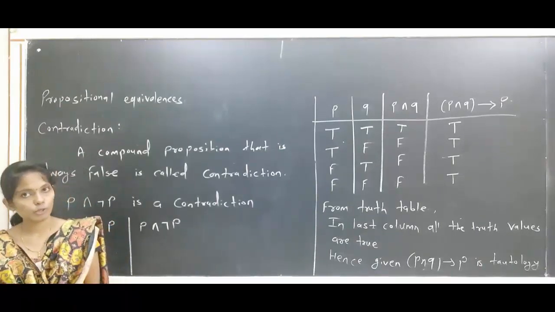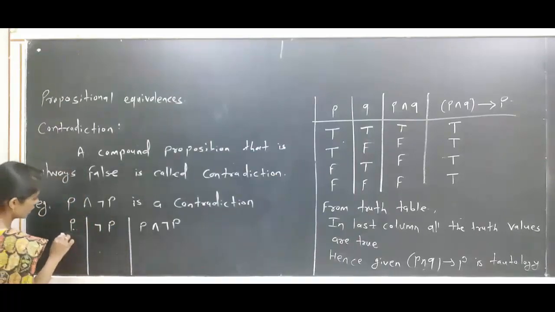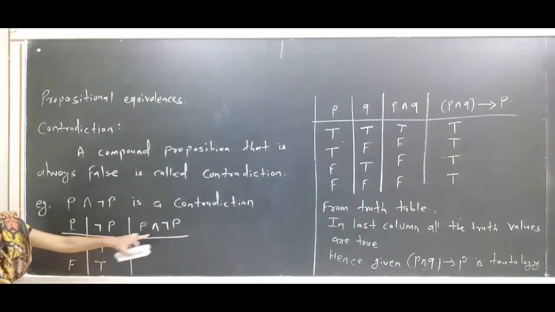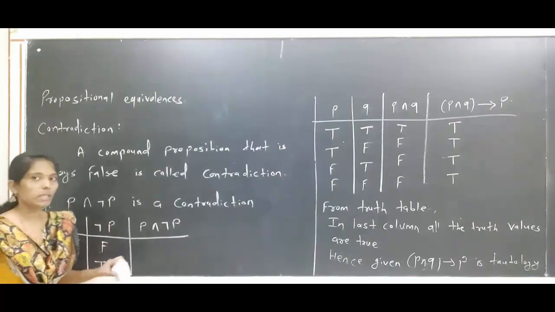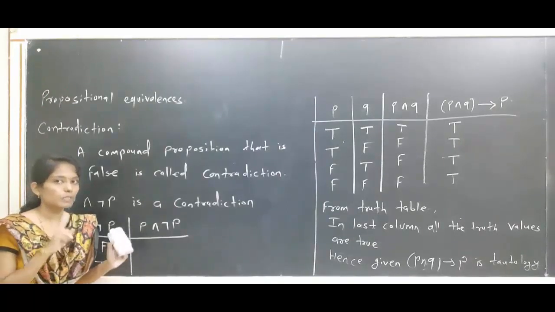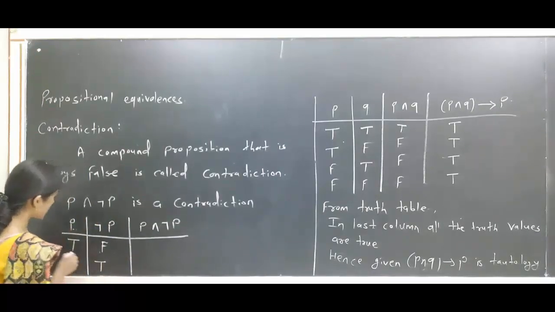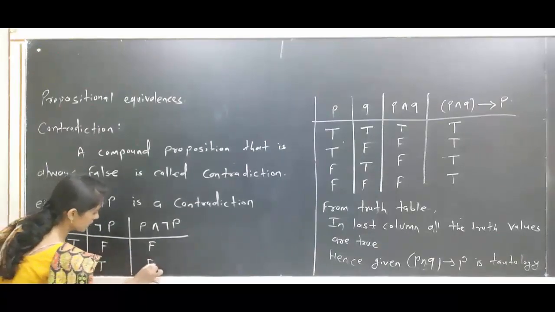If the value of the proposition is false, then its negation is true. So here we get true, false, false, true. Then conjunction is given. In conjunction, if both propositions are true, then the conjunction is true, otherwise it is false. So here TF, that is false, FT, again we get false.